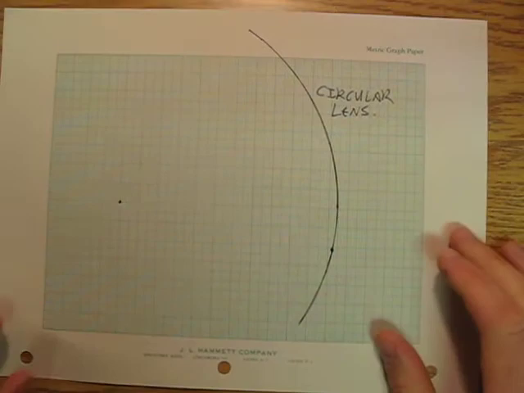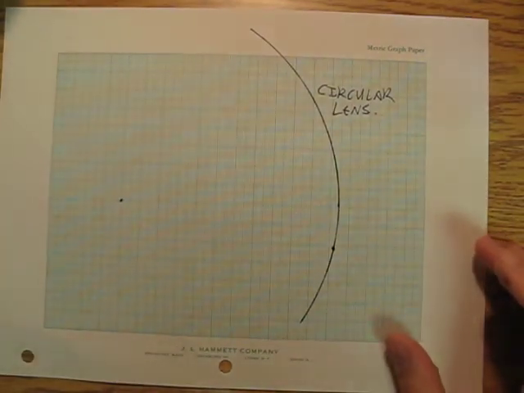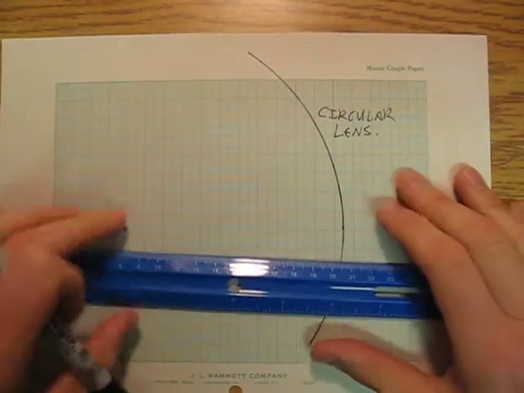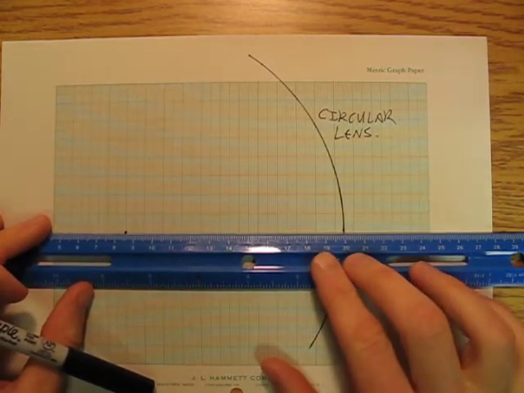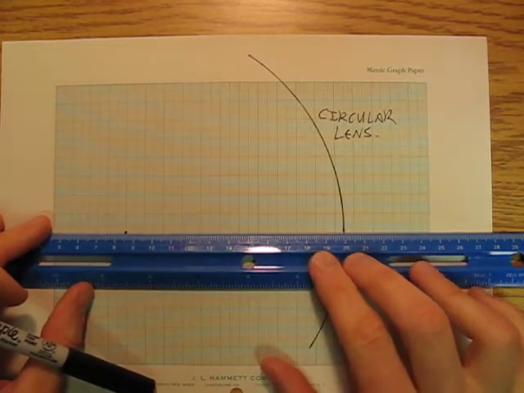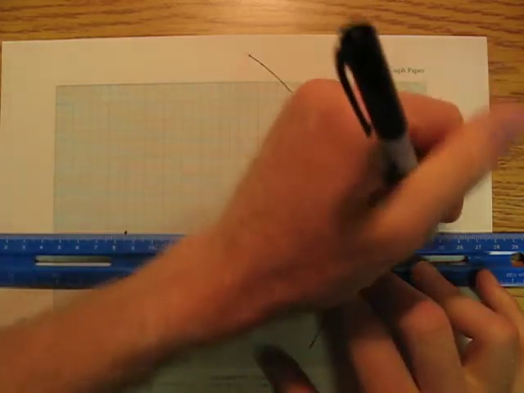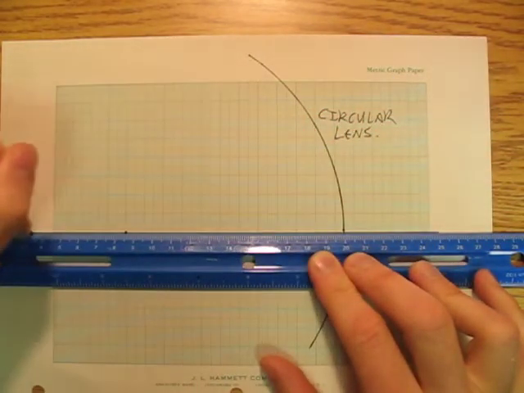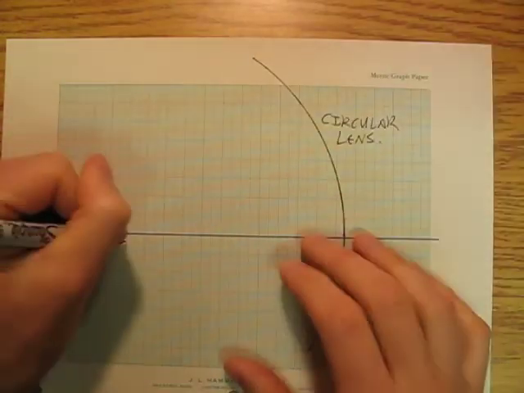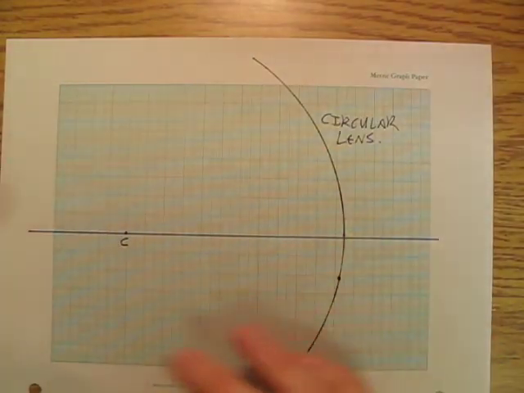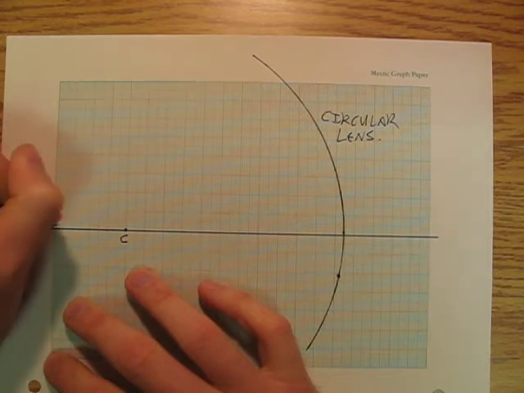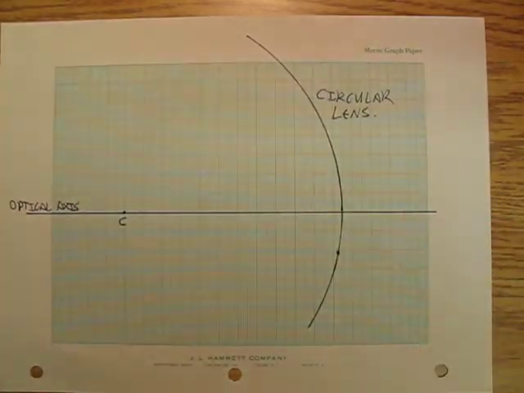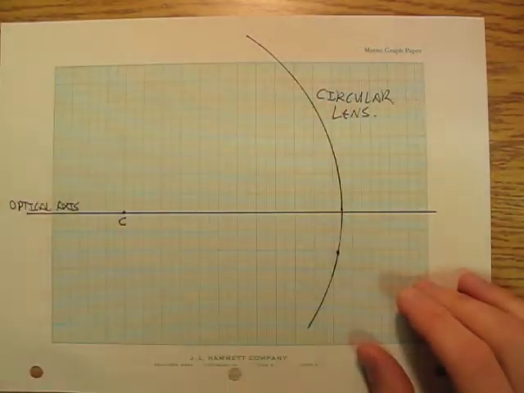Okay, and now I'm going to define something that I'm going to call the optical axis. So I'm going to call this center, and this is the optical axis, and that passes through the center of the lens.